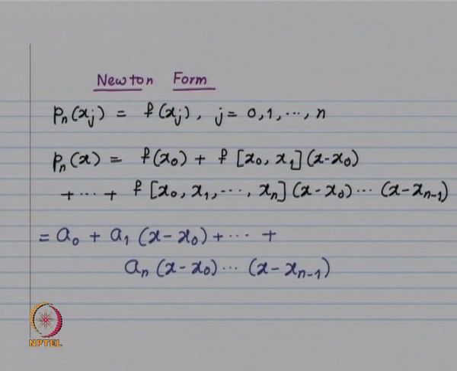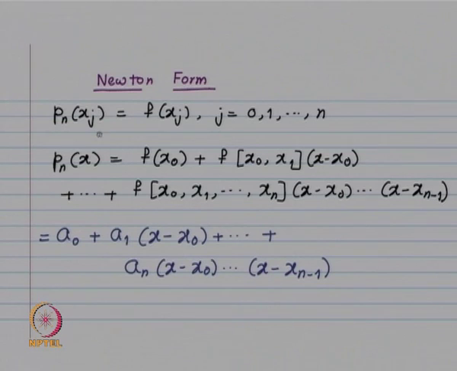So, the interpolating polynomial in Newton's form is given by Pn(x) is equal to f(x0) plus the divided difference based on x0, x1 into (x minus x0), plus the divided difference based on x0, x1, up to xn into (x minus x0) up to (x minus xn minus 1).